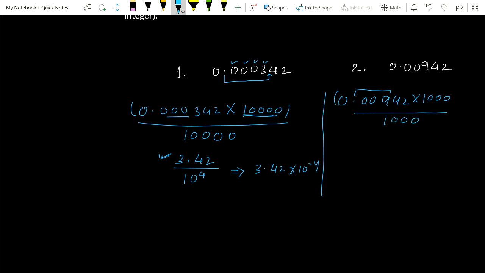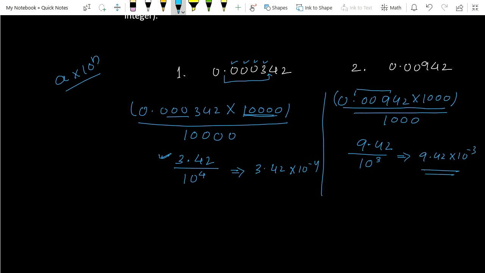So the above product creates the result 9.42, that is a, because the scientific notation should be in the form of a into 10 to the power n. So the above multiplication is creating a. Now the denominator is 1000, that can be written as 10 to the power 3. Now the scientific notation is 9.42 into 10 raised to minus 3.